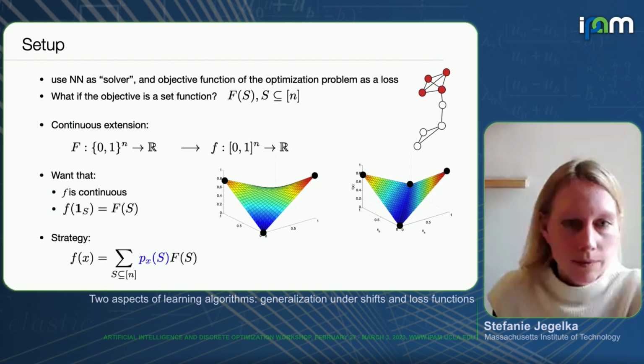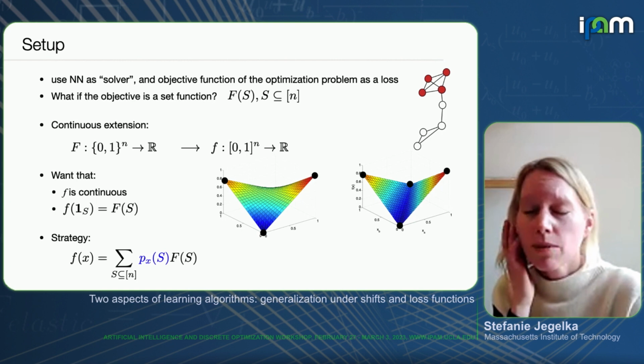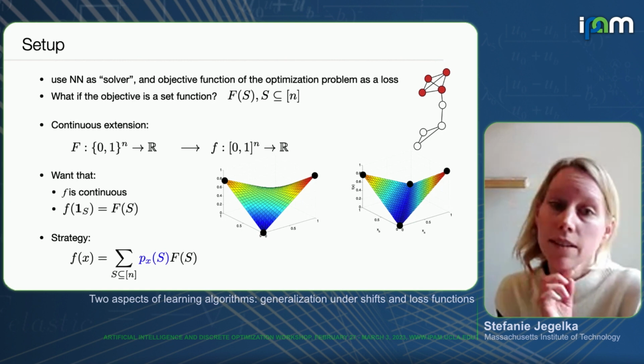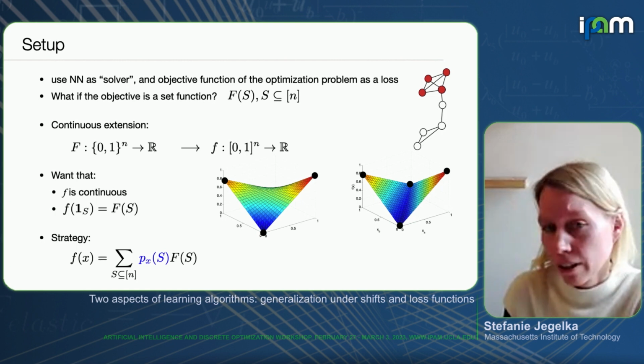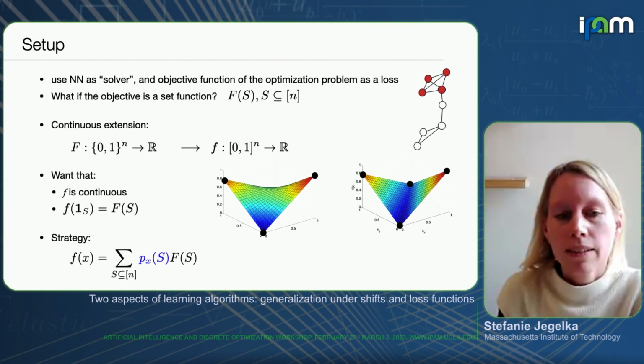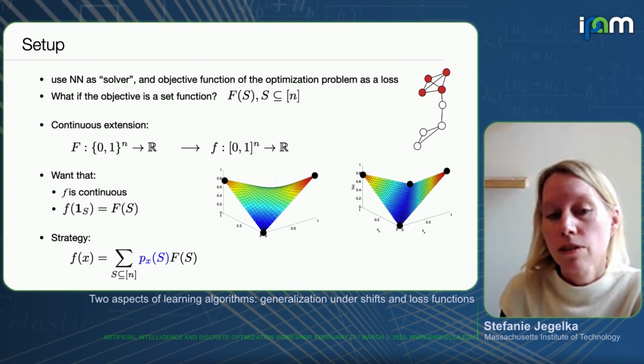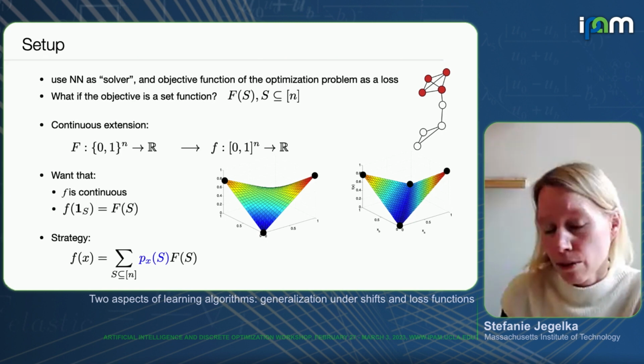Again, this is just background. There's a general strategy for how I can design such an extension in the nonlinear case. If f of S is nonlinear, I define the little f, the extension, as an expectation over evaluations of my set function.